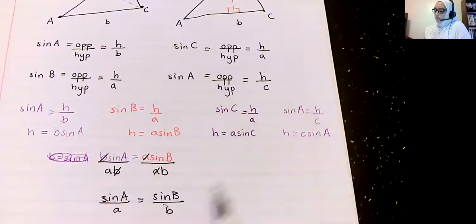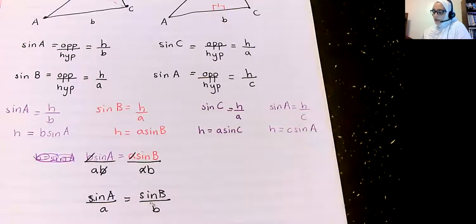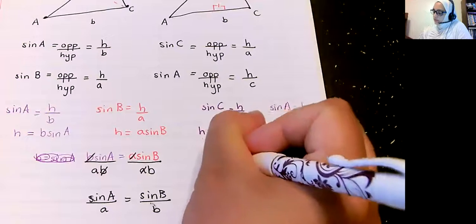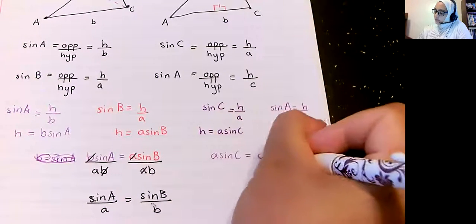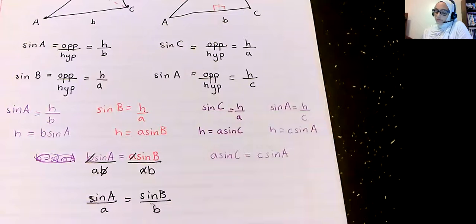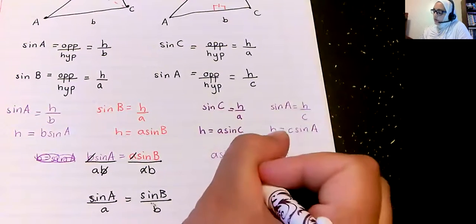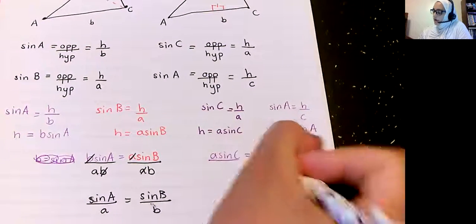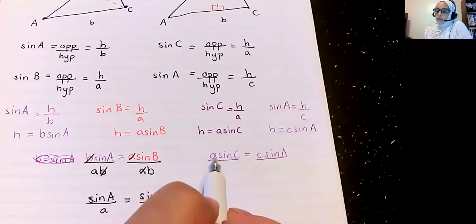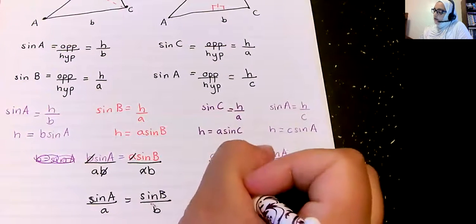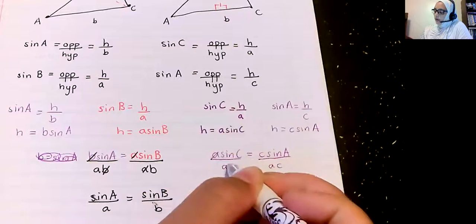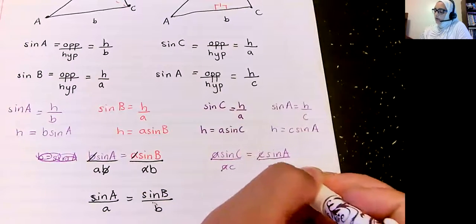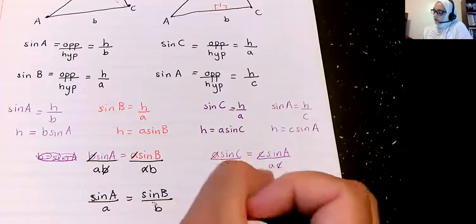All right, so once again, our H equals H, and we are going to divide. What are we dividing by this time? We've got to get rid of an A and a C. So we're going to do AC. Cross out what we have in common.